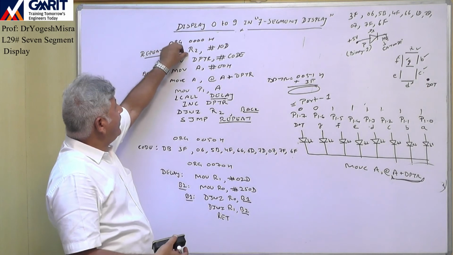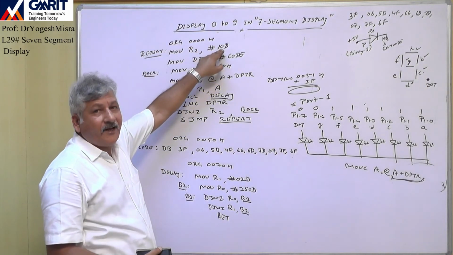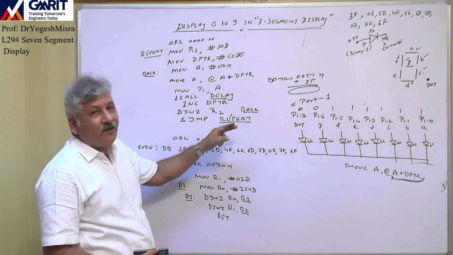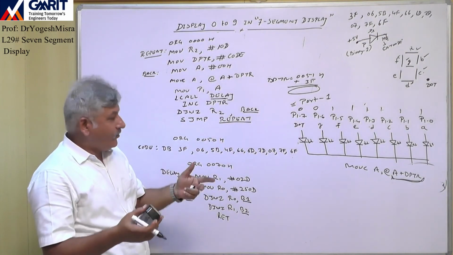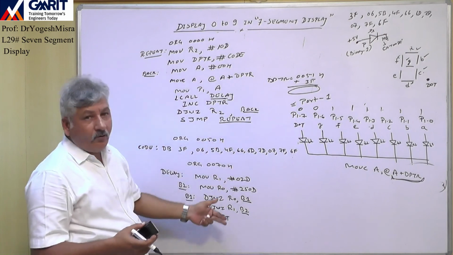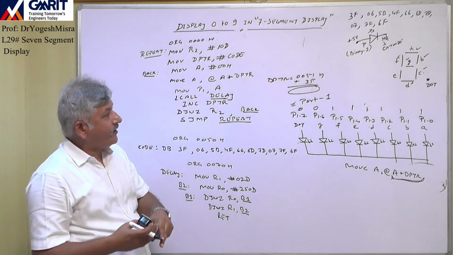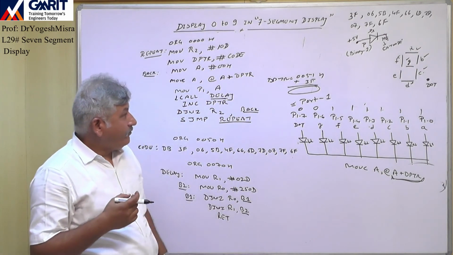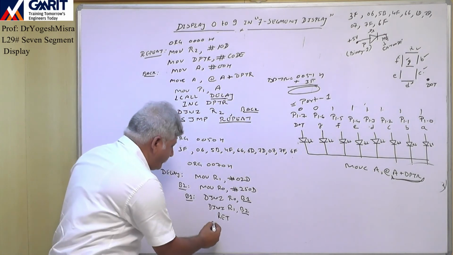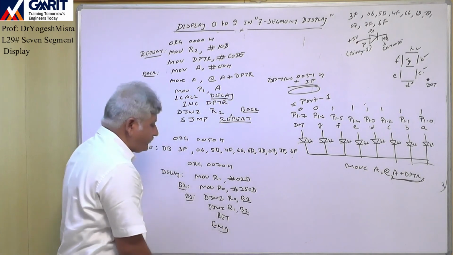Again we have to reload R2 with 10, so that again we can display the numbers from 0 to 9. In this way the whole code will repeat once again. So this is the whole code which is required to display the numbers from 0 to 9 with some delay. Lastly we will write END.